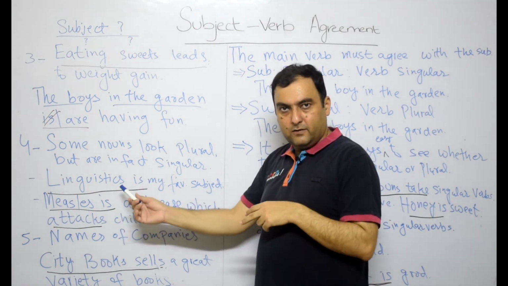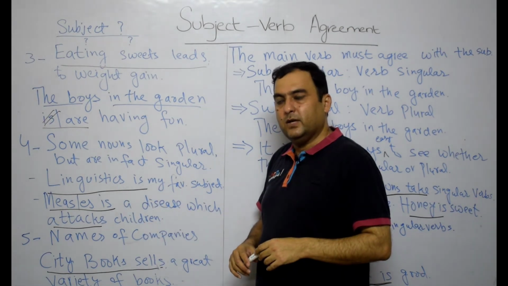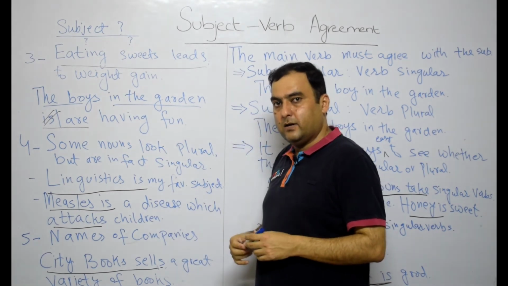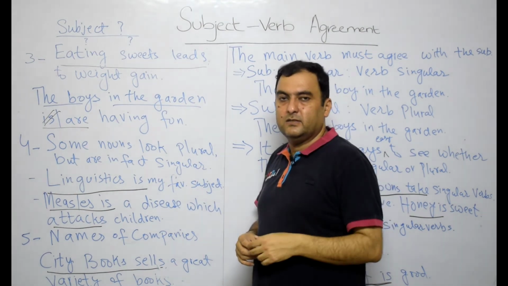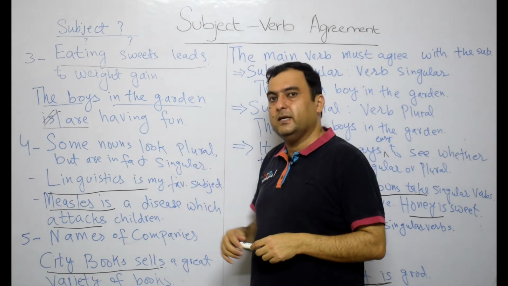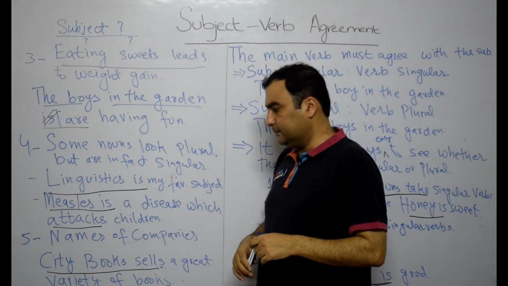Though we have S at the end, still the noun is singular. So measles is the disease which attacks many children around the world, or which attacked many children, or measles was a disease. Was very common in the past, not that much now. So measles is. So these nouns take a singular verb.